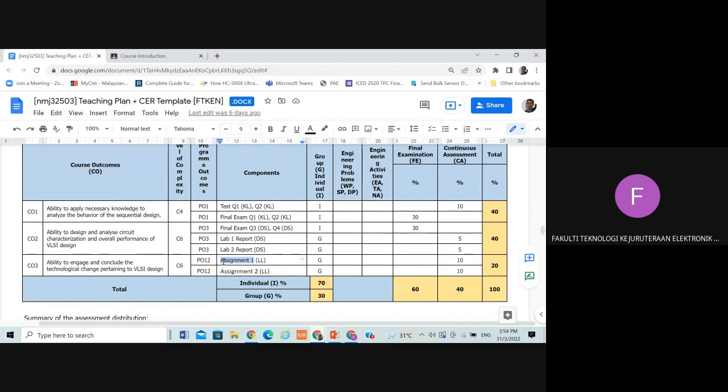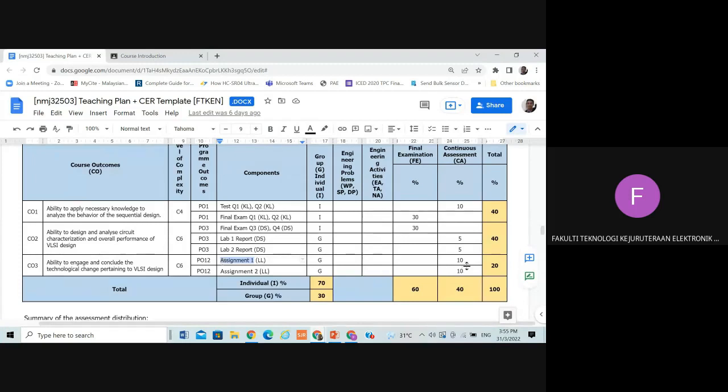Maybe different groups get different topics. Maybe the assignment is on how do we reduce power in our chip. For example, you go online, get a paper, do a reading, and then summarize it using your own words. That's actually the assignment.